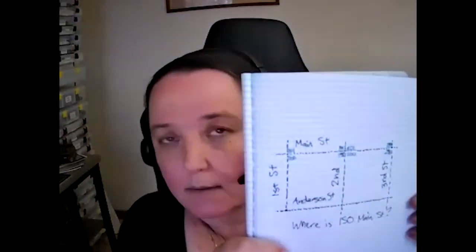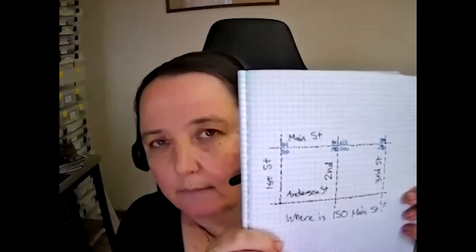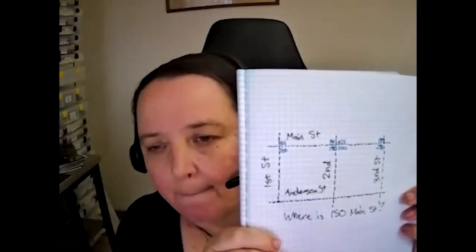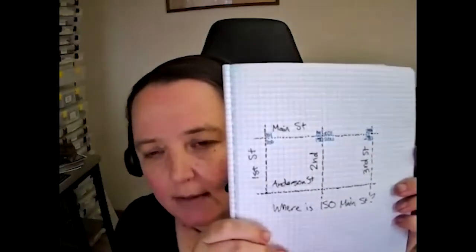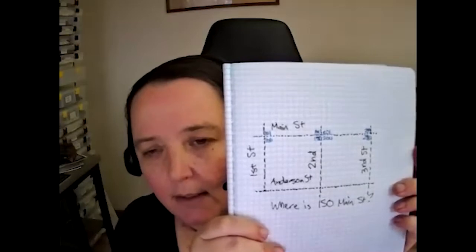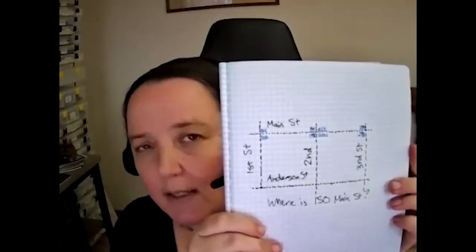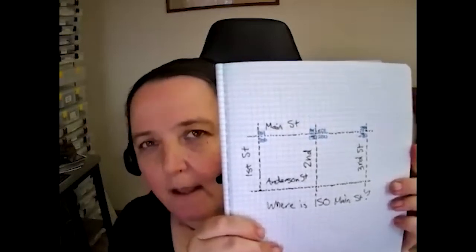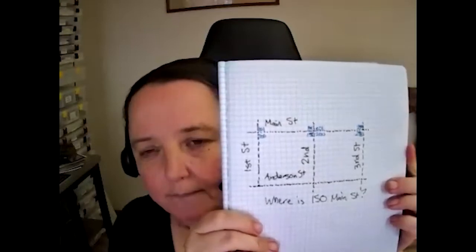I'm going to write that down. So 150 is even or odd? Which side of the street is it going to be on first? Think about that. And then if you had to split that line between 100 and 199, what you're doing is splitting it in half, essentially, right?